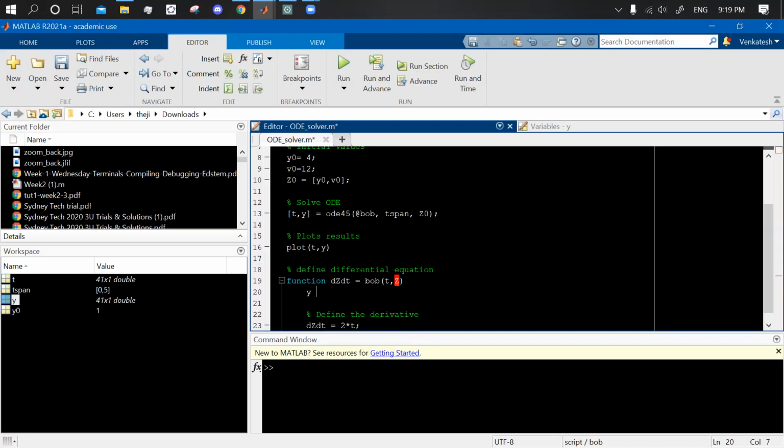So let me call it that, it's easy to think about this way. So y is equal to z, first value, and y dot is z, second value. The better way to do this is first row, all columns, and then second row, all columns. Row, column, row, column. Nice. And so that's y dot, the second one.